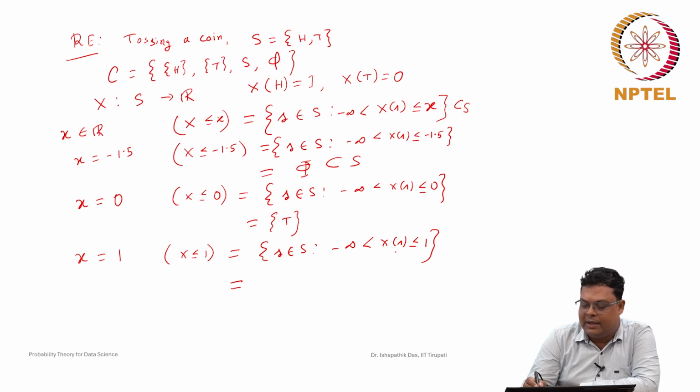Because X of head is equal to 1 and X of tail is equal to 0, all of them satisfy this. So this is nothing but {tail, head}, which is S. All of these are subsets of S and also belong to C, the power set.